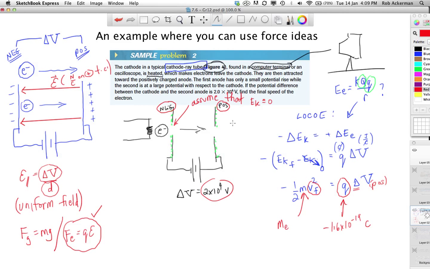And the idea in a cathode ray tube such as used in a computer terminal or an oscilloscope is that we accelerate the electrons toward the screen. Of course, you're over here sitting at your desk watching TV or the screen. When the electrons hit the screen, they hit a phosphor coating.